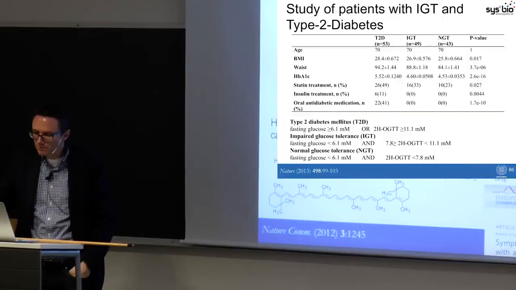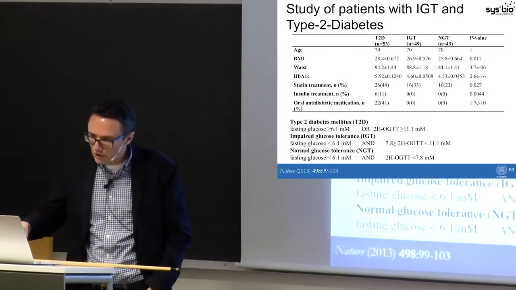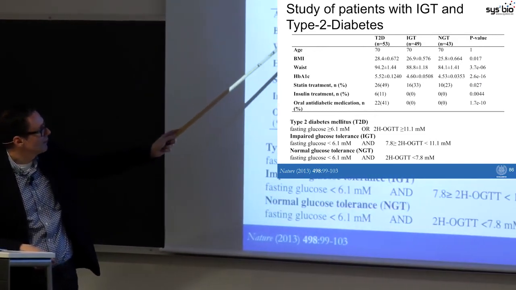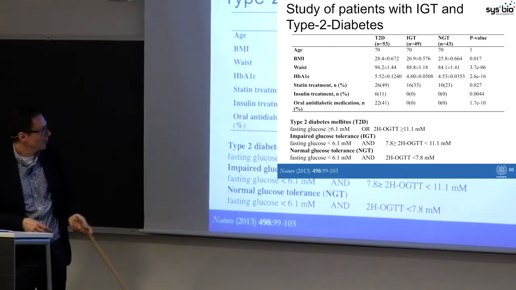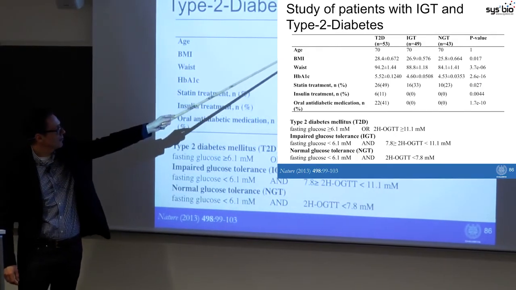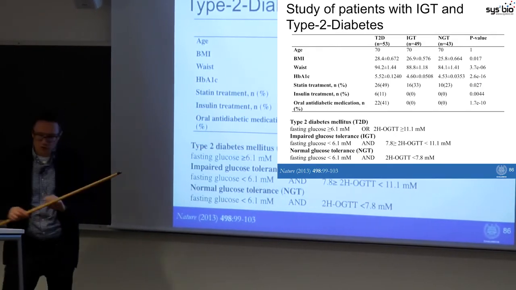patients with disease. We also looked into whether we can analyze type 2 diabetes. This was a larger cohort study, about 150 people: type 2 diabetics, impaired glucose tolerance and normal glucose tolerance.